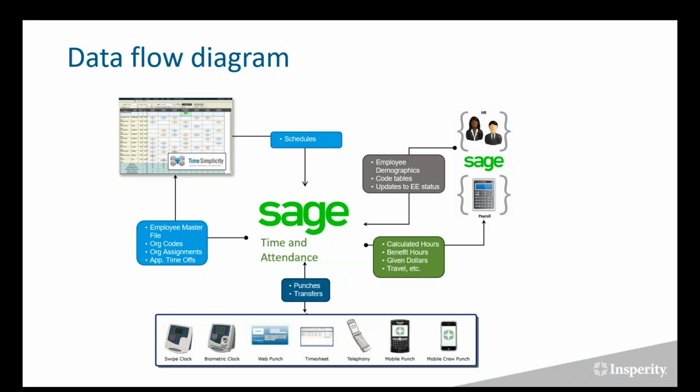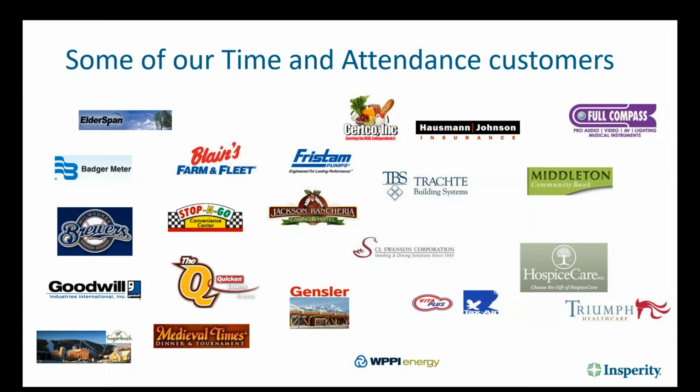So, all right. Just like with OrgPlus RealTime, I'll show you some of the Sage Time and Attendance customers that are on the system. Blaine's Farm and Fleet, which is a big retail place. Medieval Times, if anyone wants to have dinner and some jousting. Hospice care, long-term care facilities. We have manufacturing, Goodwills.